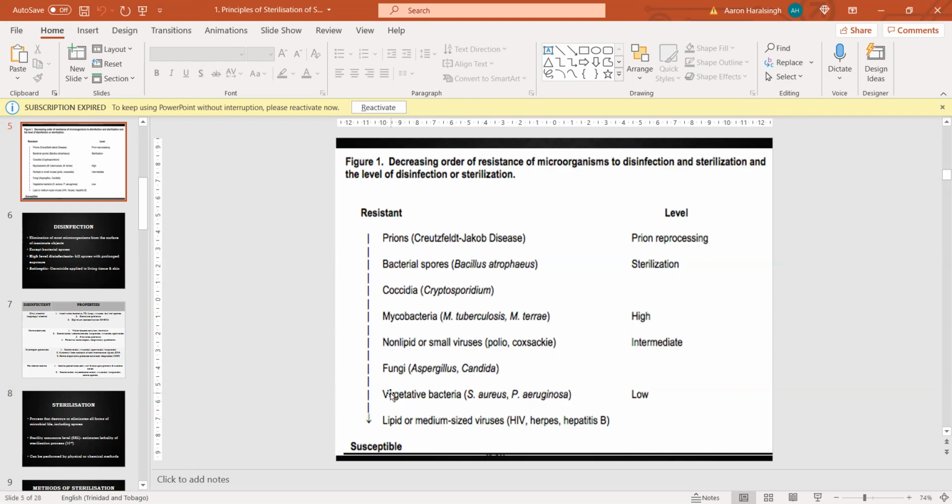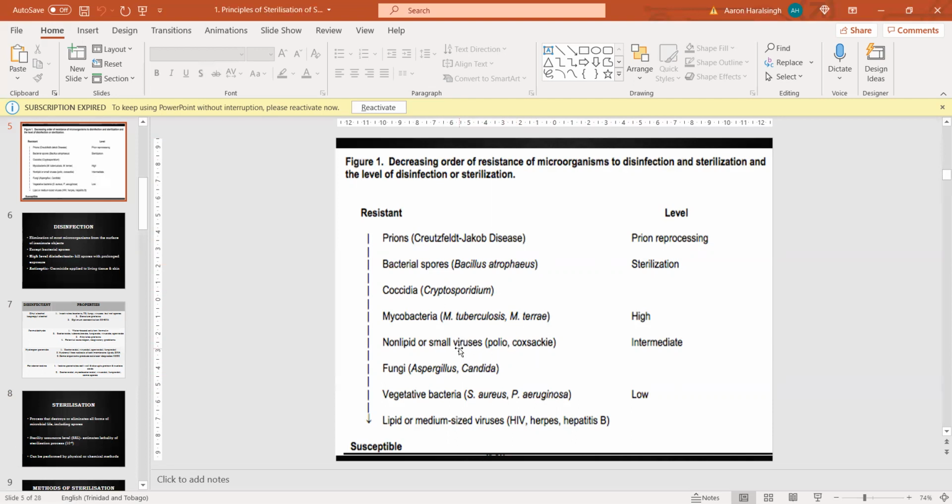And they have increasing levels of resistance along this spectrum. So what this is to say is that the medium-sized viruses, fungi, and vegetative bacteria have a low level of resistance to disinfection and sterilization processes.